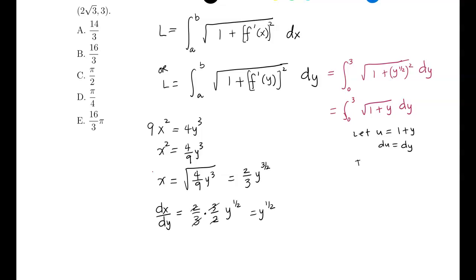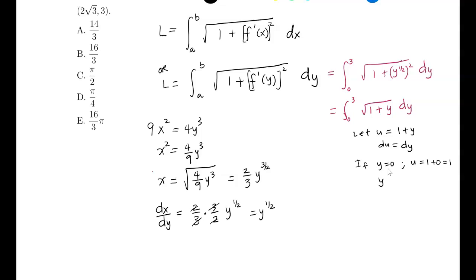If y is equal to 0, then you compute for u: u becomes 1 plus 0, so that's equal to 1.